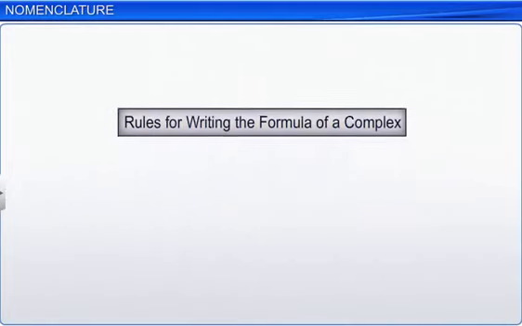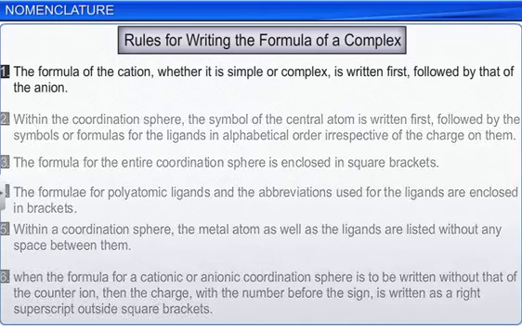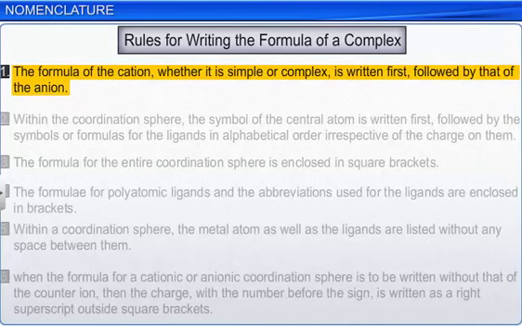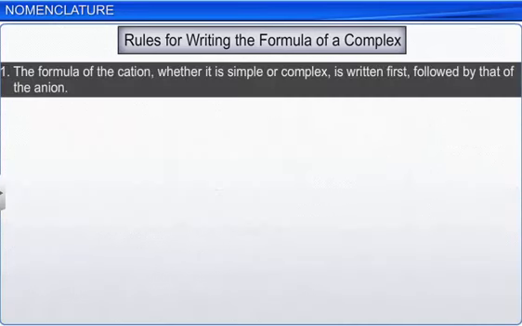The first rule is that the formula of the cation, whether it is simple or complex, is written first, followed by that of the anion. For example, in the complex shown here, the cation sodium is written first, followed by the anionic coordination entity.